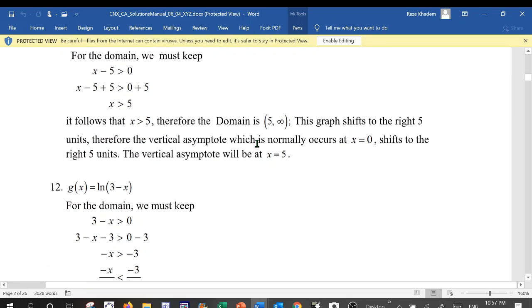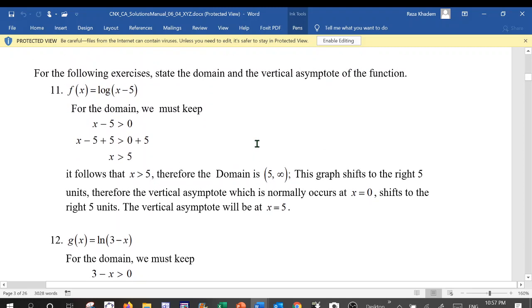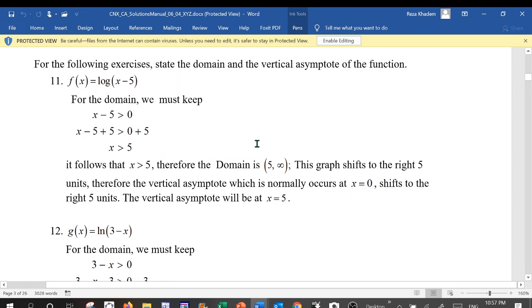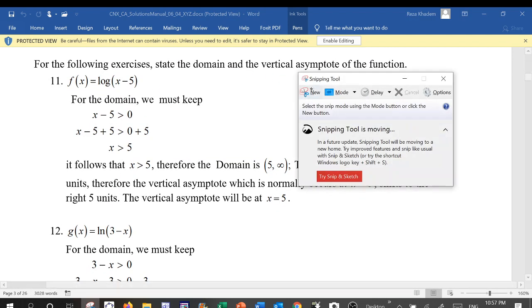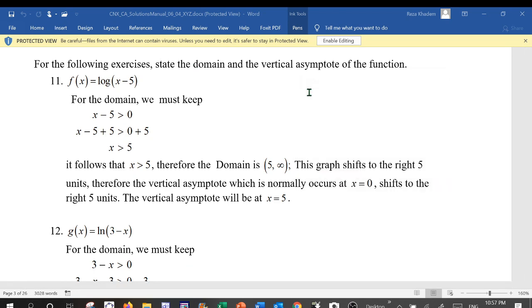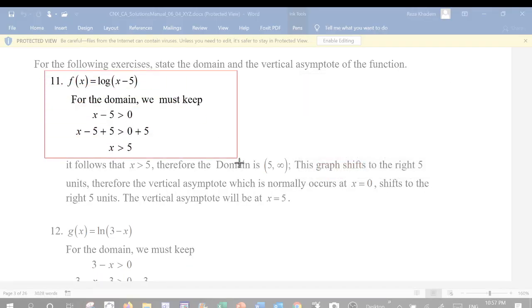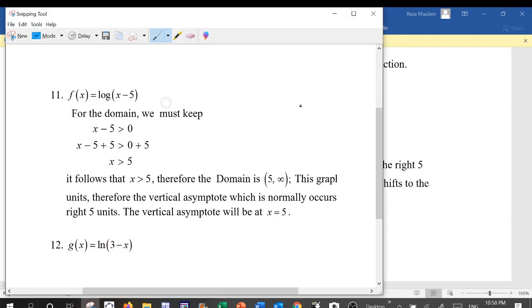All right, let's do a few more of these. So state the domain and vertical asymptote for this. Again, we just want the domain and want to know where the vertical asymptote goes, right? So the domain of this would be x minus 5 has to be greater than 0. So x has to be greater than 5.